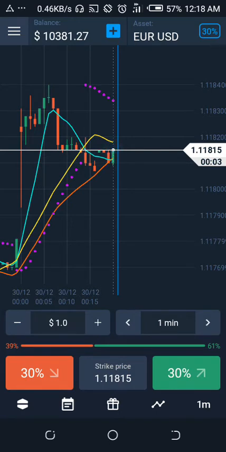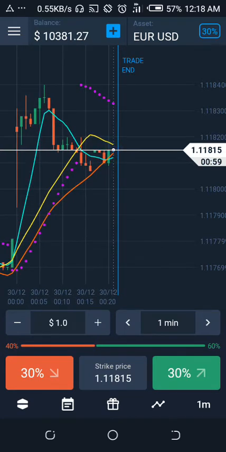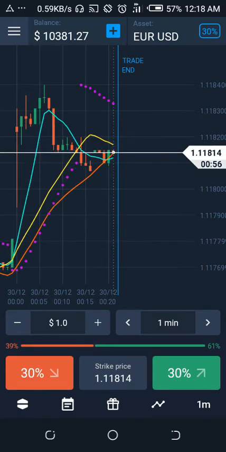A minute time frame is different from the trading duration. A minute trading duration is the total of minutes or seconds that your trade will start and end. That is time duration. Take for example, if you enter a trade at 47 seconds, it will end at 47 seconds or 48 seconds of the next minute.